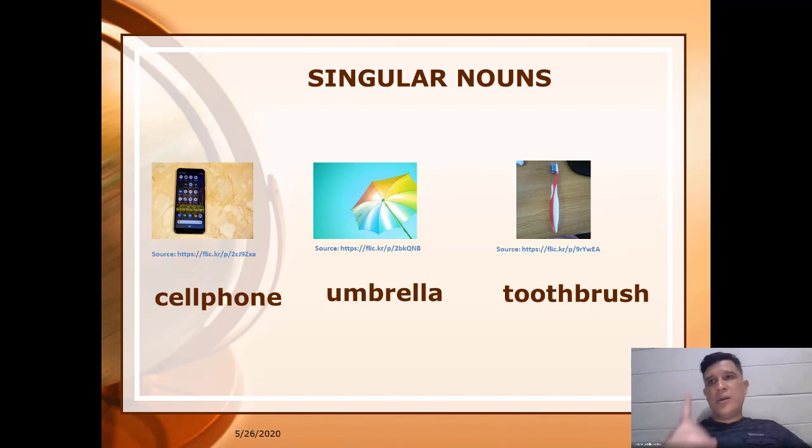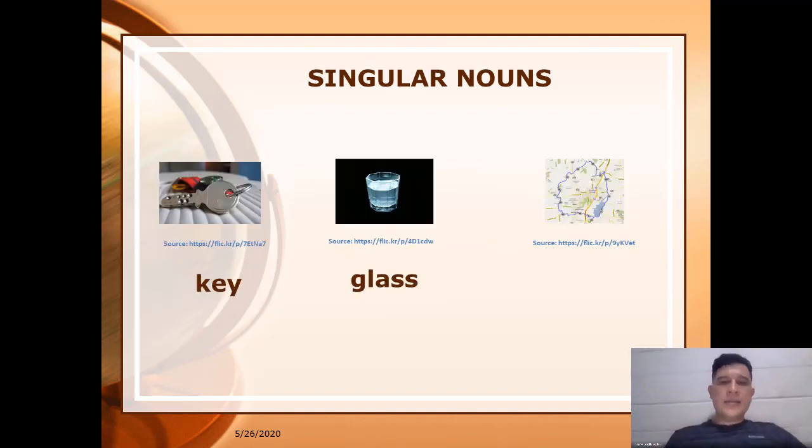If it is singular, it's only one. That's the part for singular nouns. We have more examples. So we have key, it's only one. Glass, same thing. And we have map, it's singular as well.